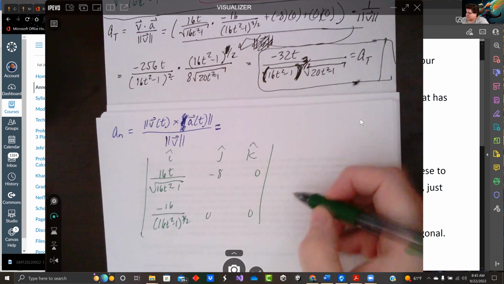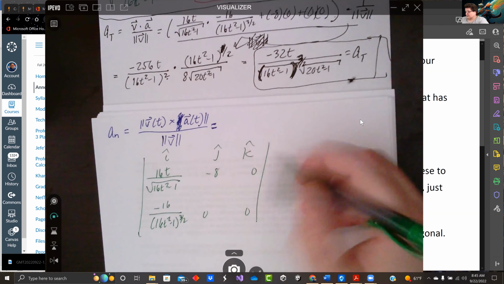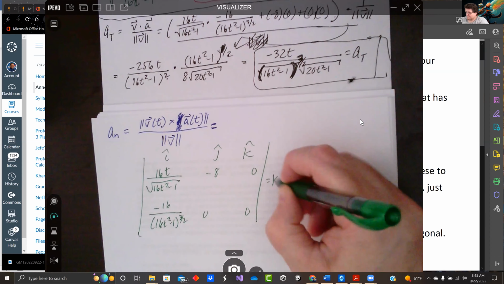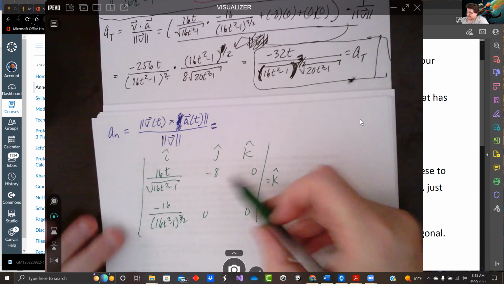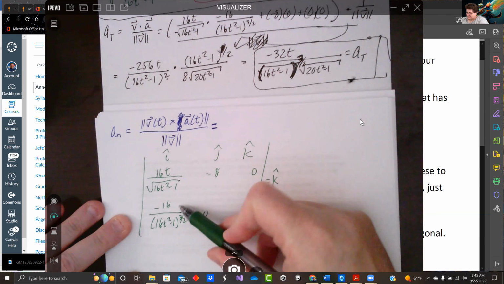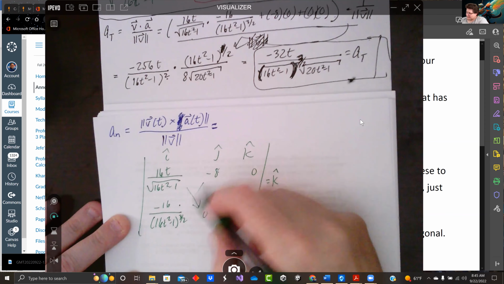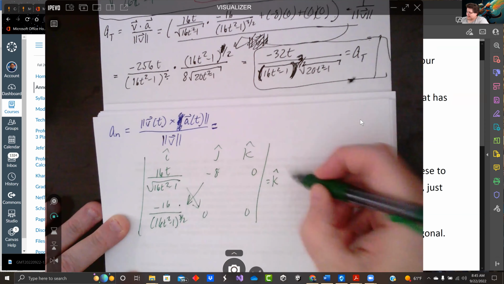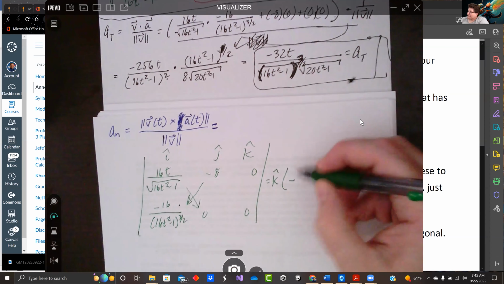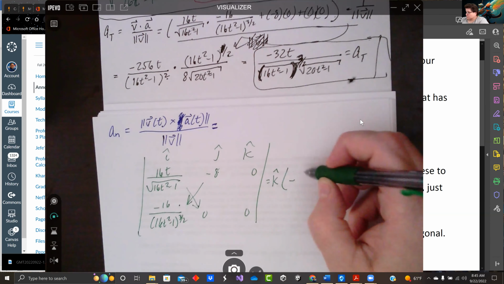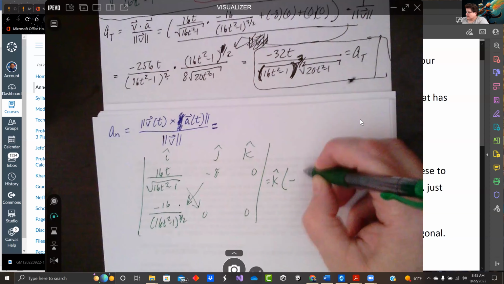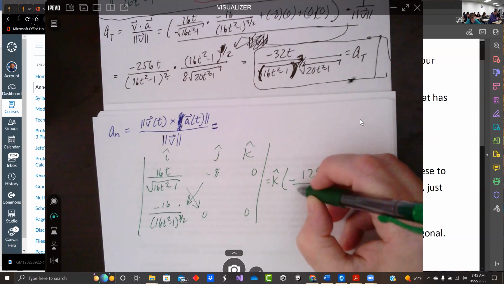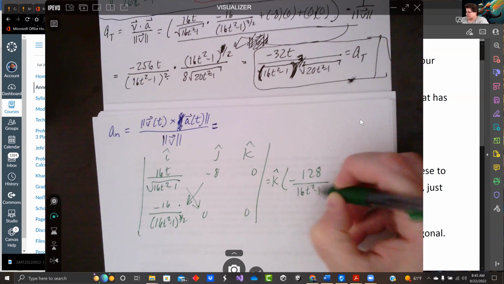We'll find the cross product. The only component we have is a k component, and it's -8 times -16. And it's this minus that. So with 3 negatives, we get a negative value. 16 times 8 is 128. And the bottom is 16t squared minus 1 to the 3 halves.